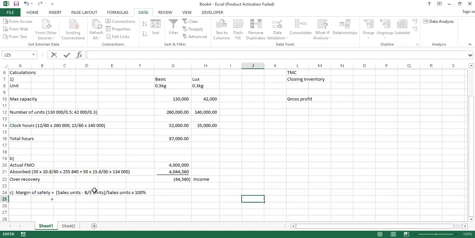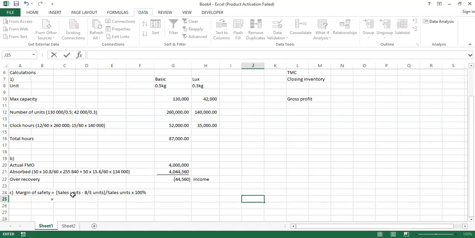So now that we know what break-even units are, and that this is where you are at zero profit, right? Sales units is your budgeted sales, which in most cases is going to be based on your maximum capacity. You obviously want to produce and sell as much as you can, right?